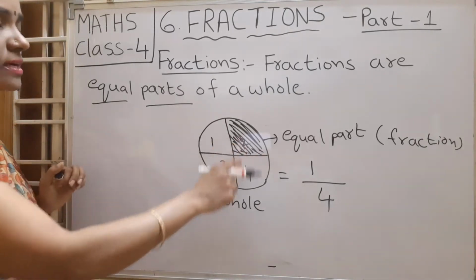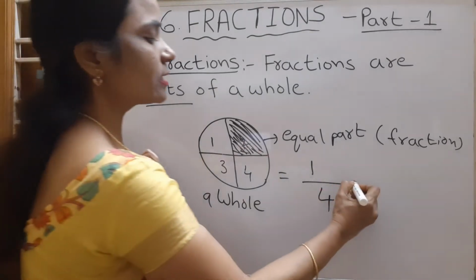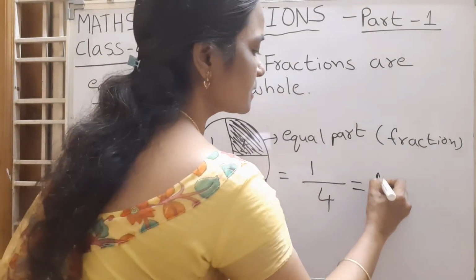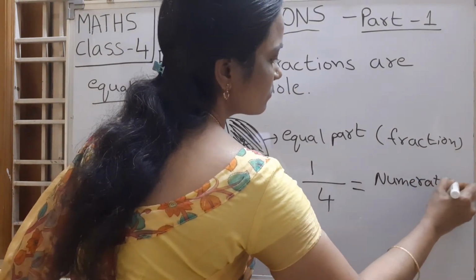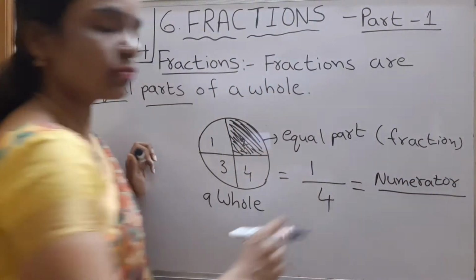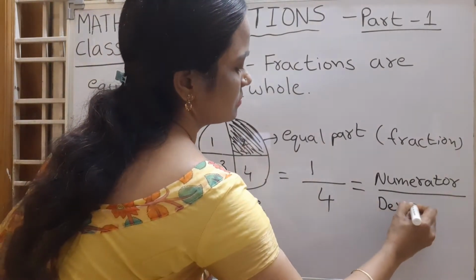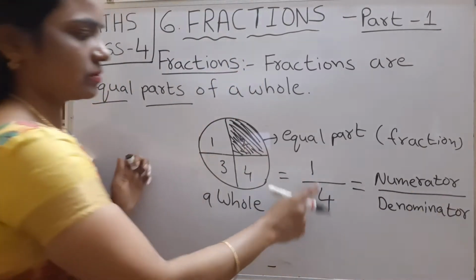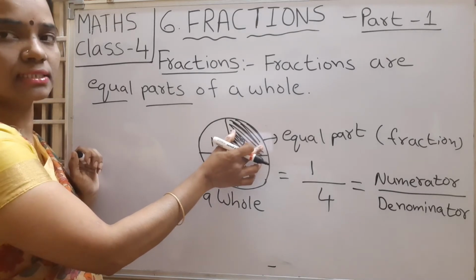What is the fraction for the colored part? 1 by 4. What is meant by 1? In the fraction, 1 is the numerator. By 4 means denominator. 1 by 4 is the fraction for the shaded part.